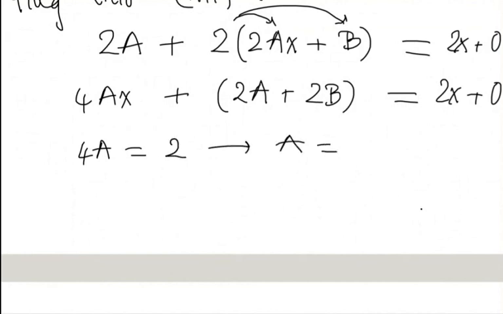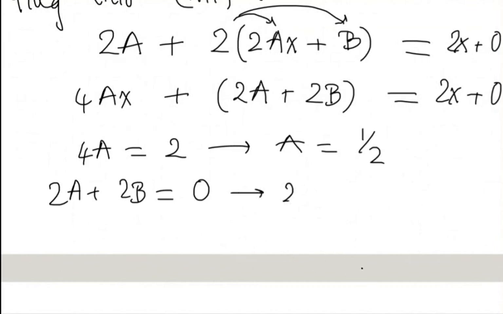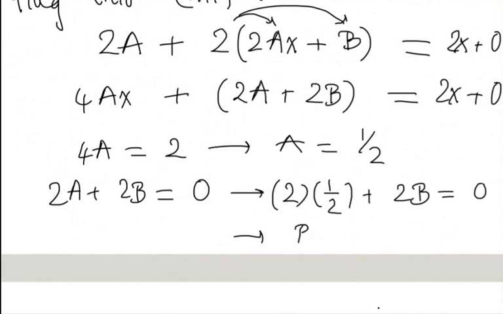So we get a is a half. And then 2a plus 2b should be the same as 0. We get 2 times a half plus 2b equals 0. So from here, we saw that b is minus a half.